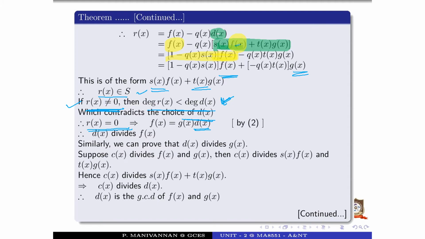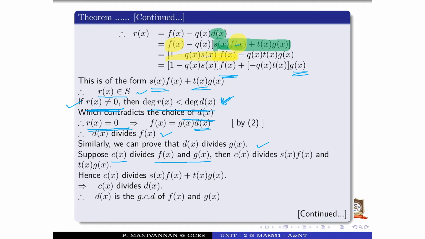Okay, d of x divides both f of x and g of x. What is the second condition? If another polynomial c of x divides both f of x and g of x, then c of x also divides d of x, which is what we want to prove.